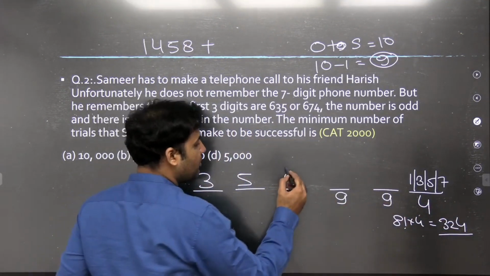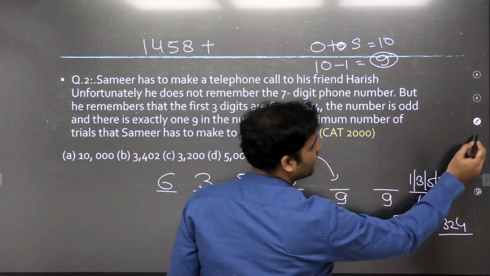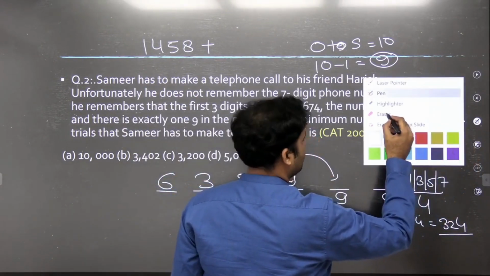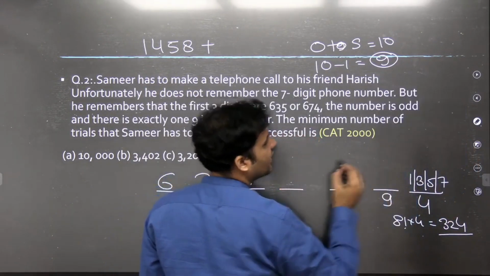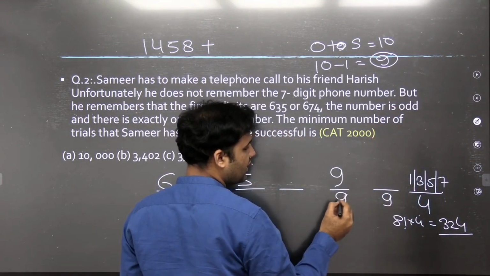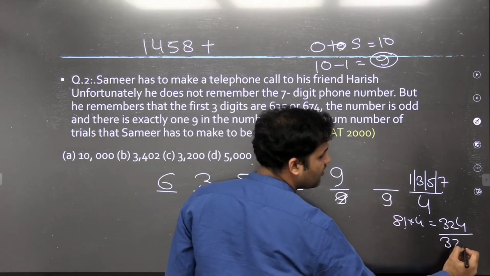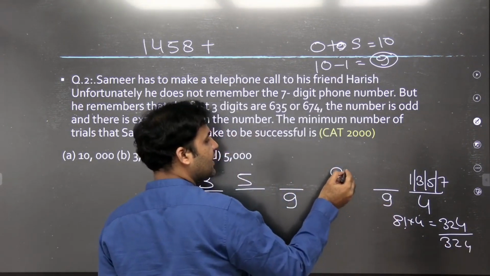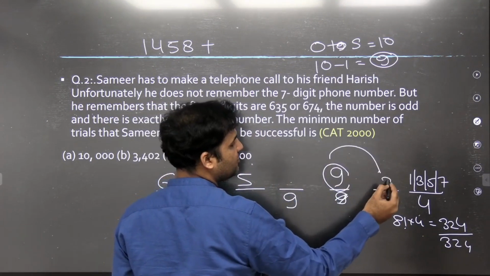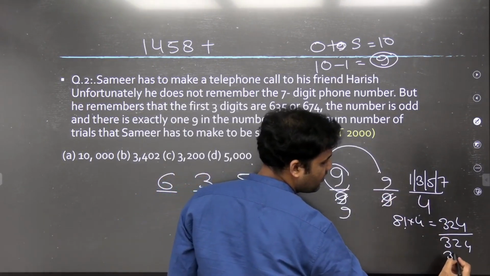You can also place 9 here, right guys? If I place 9 over here, I'll get 324 numbers again. If I'm placing the number 9 over here, then this place can be filled in 9 ways, so you will get 324 more numbers. Similarly, if I am placing the digit 9 at this position, then again I will get 9 into 9 into 4, 324 more numbers.